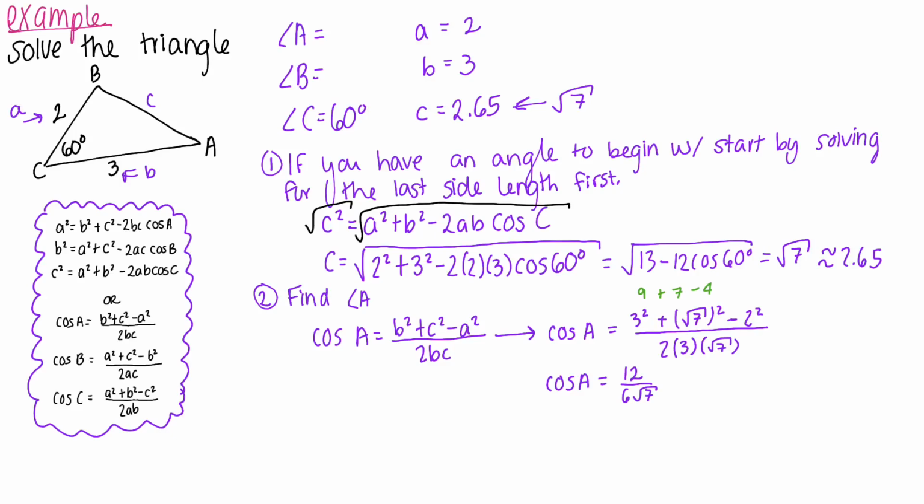To get the angle by itself, just like with sine, we're just going to take cosine inverse this time on both sides. That will cancel out those cosines. So we get angle A is equal to cosine inverse of 12 divided by 6 square root 7. Making sure your calculator is in degree mode, you're going to get approximately 40.89 degrees.